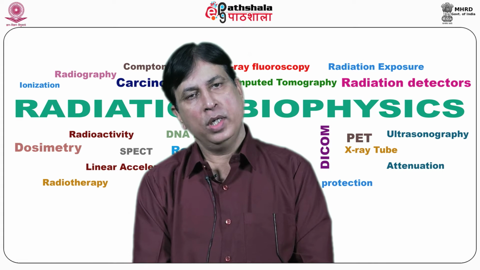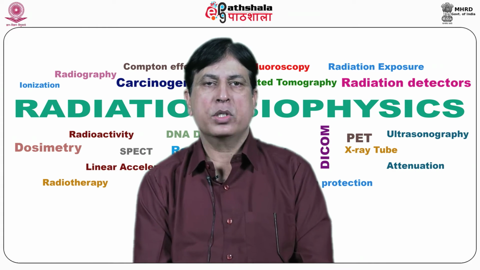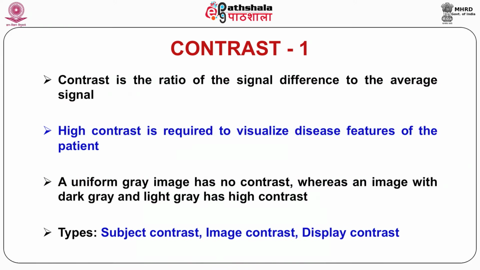Before going into detail by studying the effect of scattered radiation, we must know the meaning of contrast, SF and SPR. Contrast is defined as the ratio of the signal difference between the object and the background to the average signal.